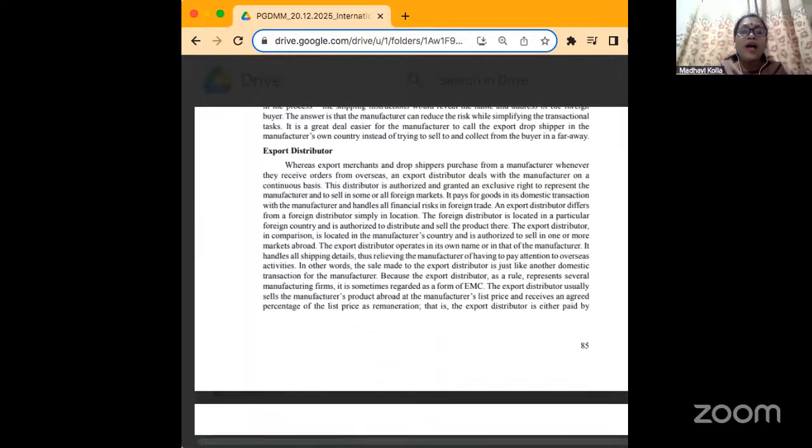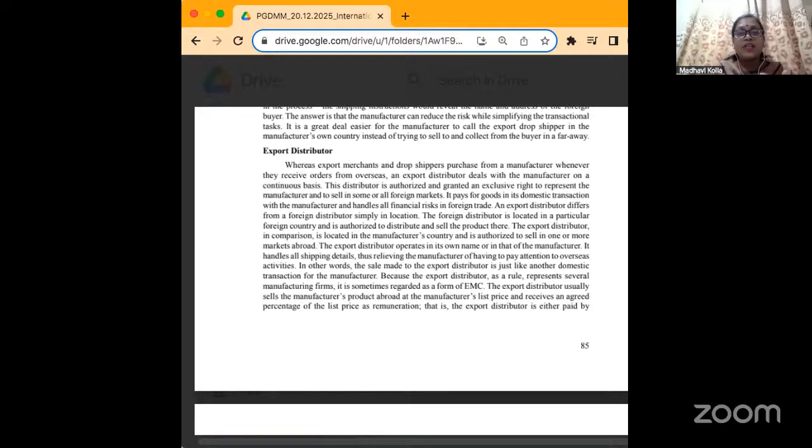And then we also have an export distributor. So the export merchants and drop shippers purchase from a manufacturer whenever they receive orders from overseas. An export distributor, on the other hand, deals with the manufacturer on a continuous basis. So in the case of an export merchant, what did we say?